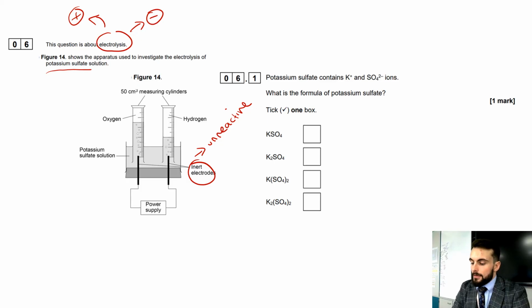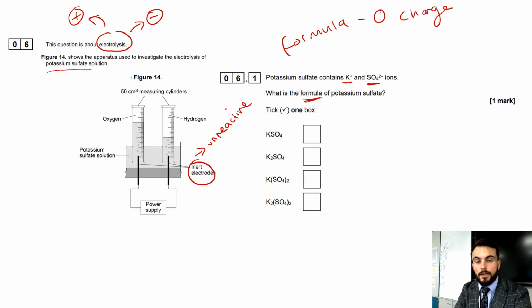Then it says potassium sulfate contains K+ and SO4 2- ions. The only thing I'm really thinking about is the charges on the ions. What is the formula for potassium sulfate? If it's a formula, the overall charge of the compound would be 0. They need to cancel out, because as soon as it's got a charge, it would be an ion.